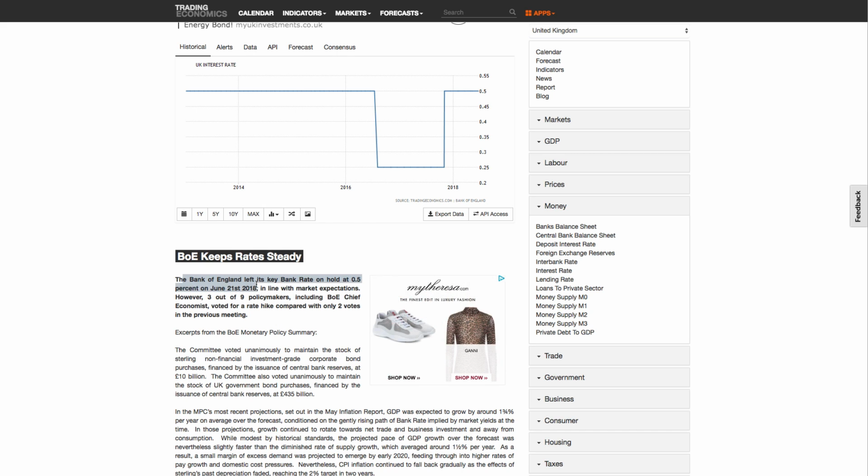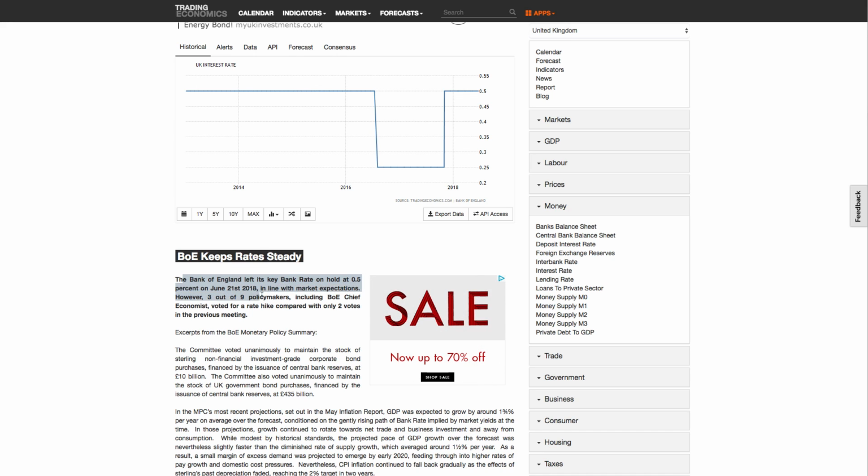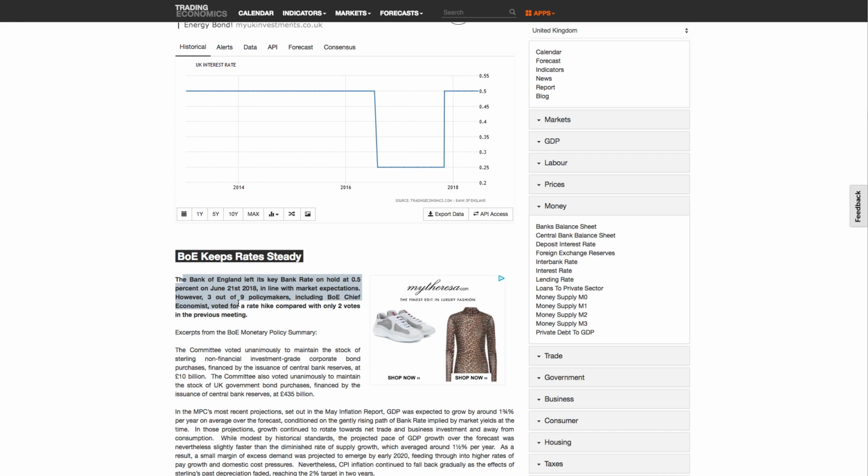The Bank of England left its key bank rate on 0.5%, in line with market expectations. However, 3 out of 9 policymakers, including the BOE chief economist, voted for a rate hike compared to only 2 votes in the previous meeting. So a rate hike being hawkish, right?